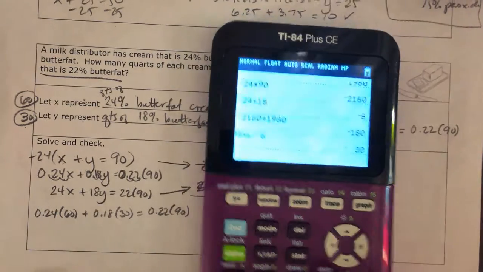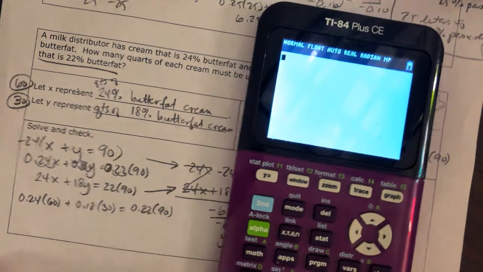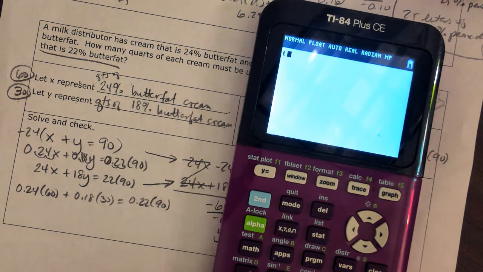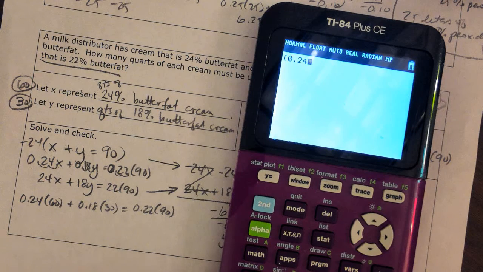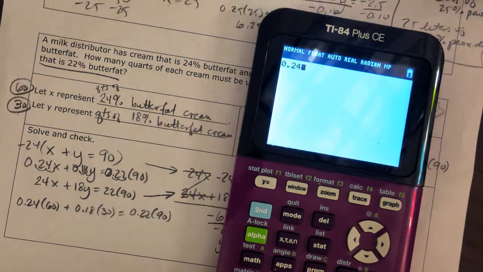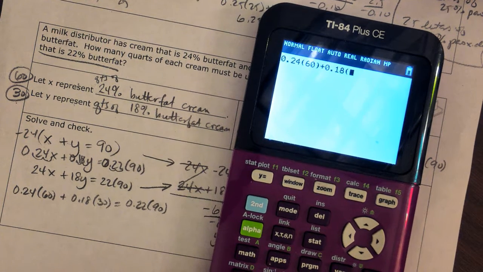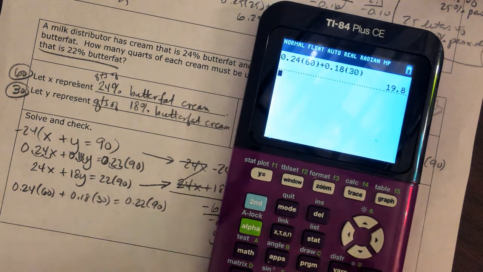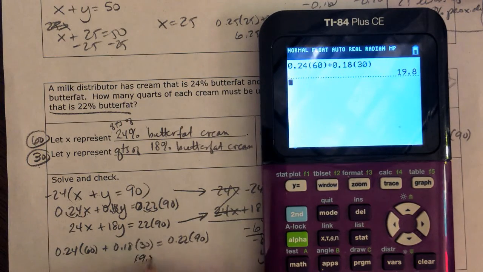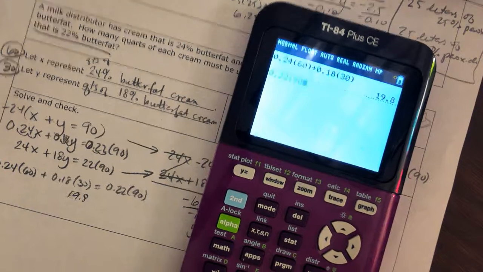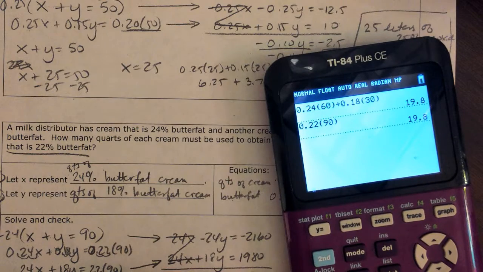So I am literally going to put exactly that into my calculator, not the equal sign, obviously. 0.24 times 60 plus 0.18 times 30, and I get 19.8 over here. Then I'm going to do 0.22 times 90, and I get 19.8.